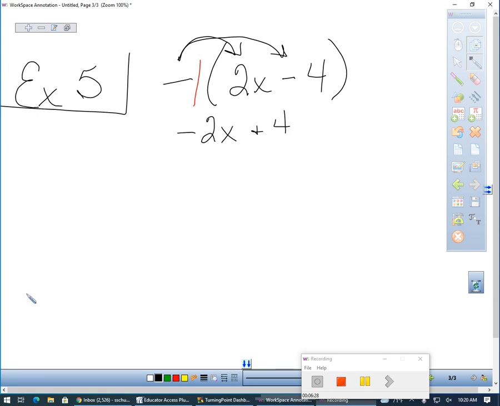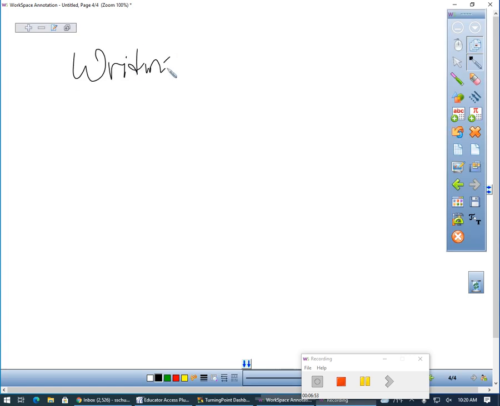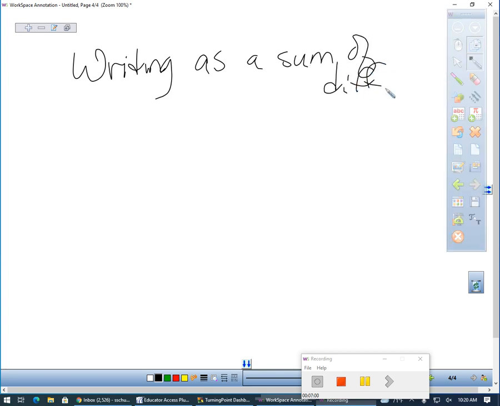So there is one thing we need to talk about once we get through this distributive stuff. Okay? So there's another way you can distribute. It's called writing as a sum or difference. So if we have something that's in a fraction form, let's say x plus 3 over 4. We can use the distributive property to put 4 underneath both pieces and separate it.